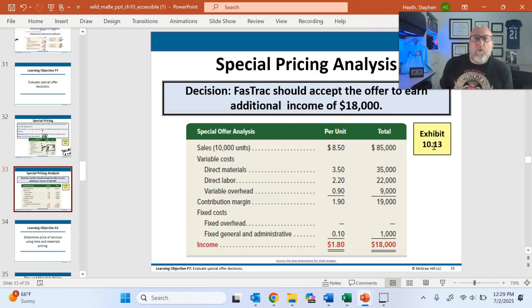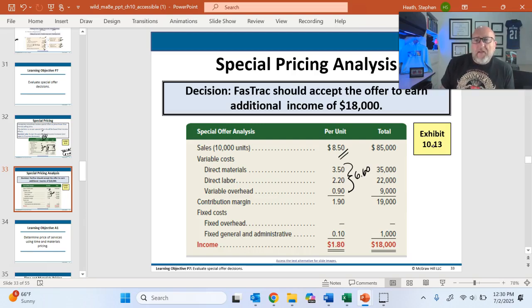So what we're saying in this particular scenario is somebody came along and offered us $8.50. The variable cost per unit is still the same, $6.60.